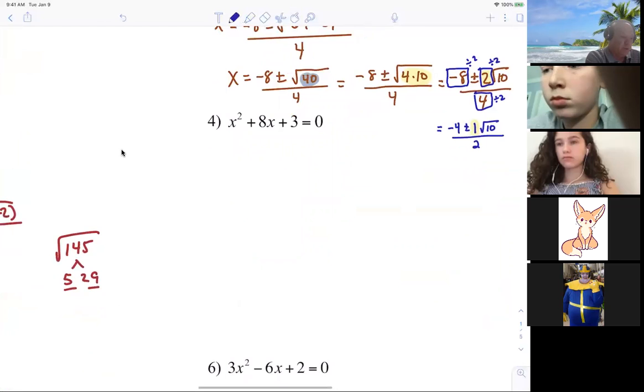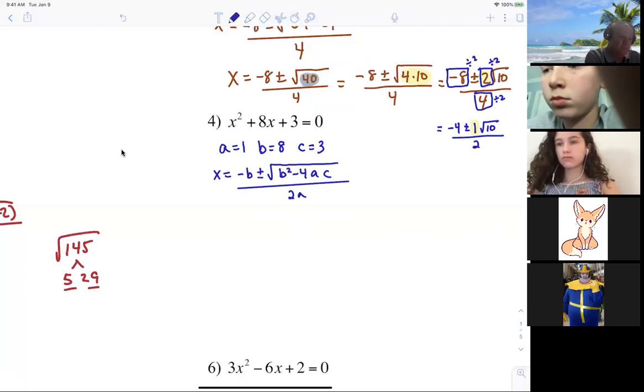So number 4, we just say a equals 1, b equals 8, and c equals 3. Now we're going to go ahead: x equals -b plus or minus the square root of b squared minus 4ac, all over 2a.